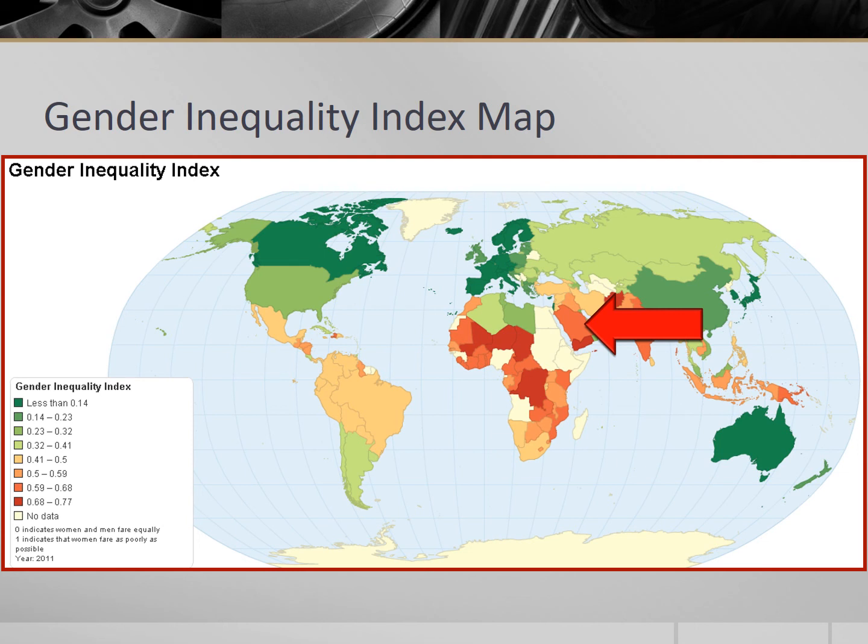Sub-Saharan Africa typically ranks near the bottom. But the Middle East is generally a semi-periphery region. And in terms of economics, it's on par with many other core countries of the world. But when it comes to social indicators, and in particular, gender equality, the Middle East often registers near the bottom.